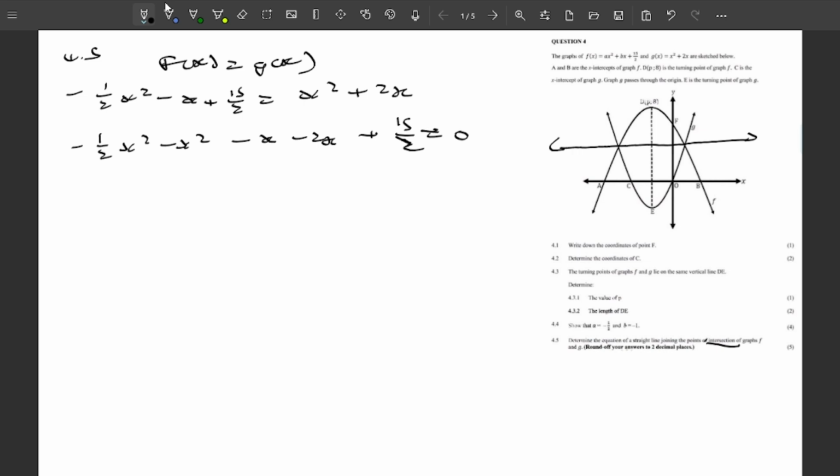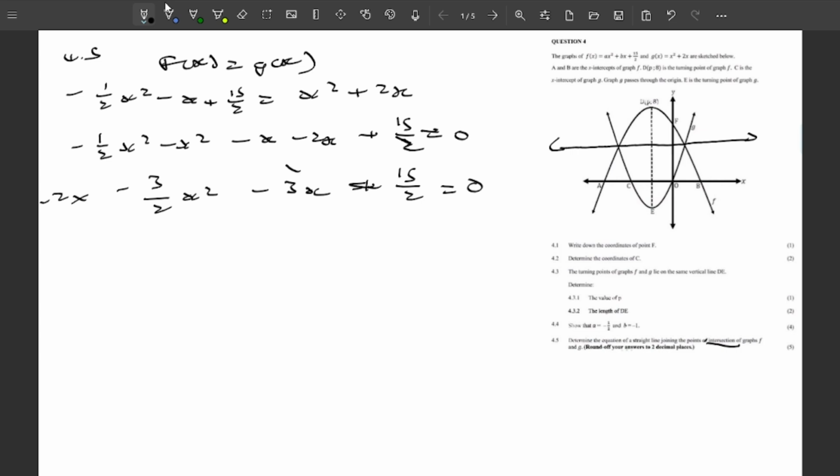Right? Now from here on, we're going to do some basic maths again. So -1/2 minus 1, it's going to be what? -3/2 x². Here it's going to be -3x, and this one's just going to be 15/2, which is equal to 0. Now from here on, we're going to multiply every value by negative 2.